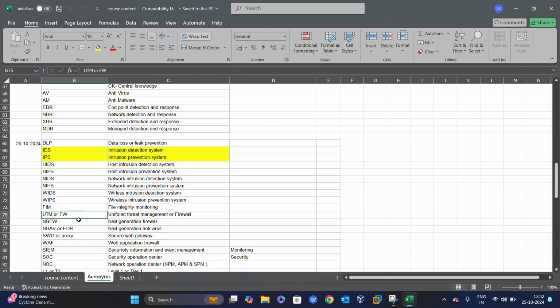Current generation firewalls are called next generation firewalls, so they have advanced features. Even unknown categories of attack are done by the attacker. These firewalls will give us alert notifications based on machine learning capability, or artificial intelligence capability, or based on past history, whether this type of incident has happened or not.